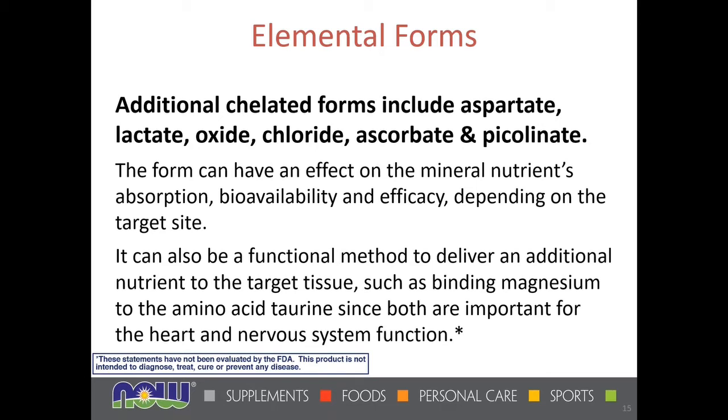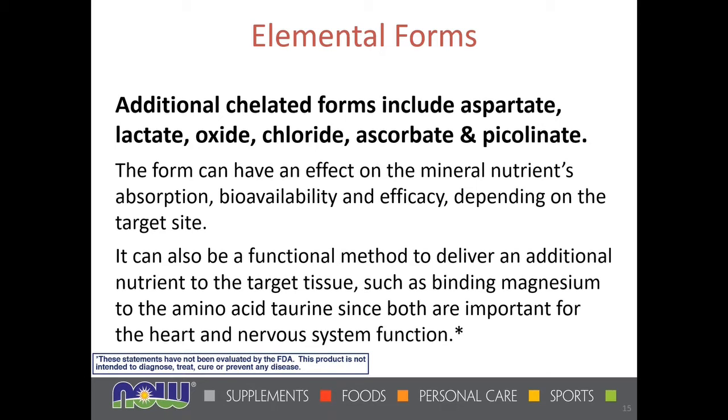For example, binding magnesium to the amino acid taurine tends to target the heart and the nervous system, so are considered especially potentially valuable for those systems and those functions.